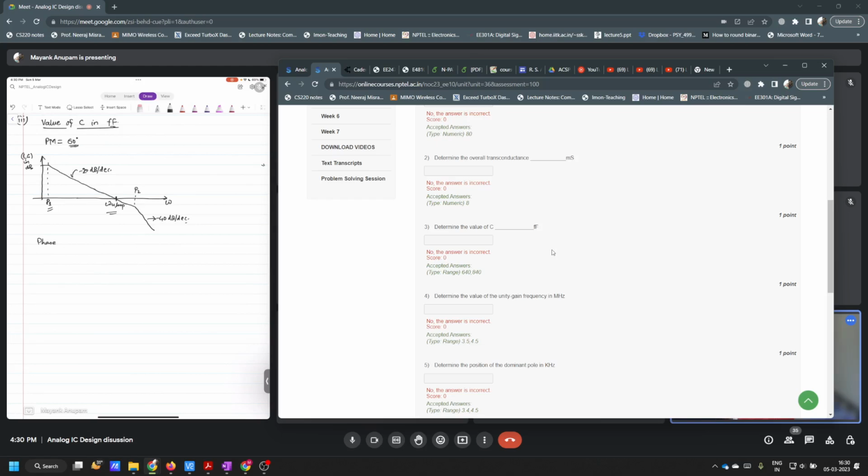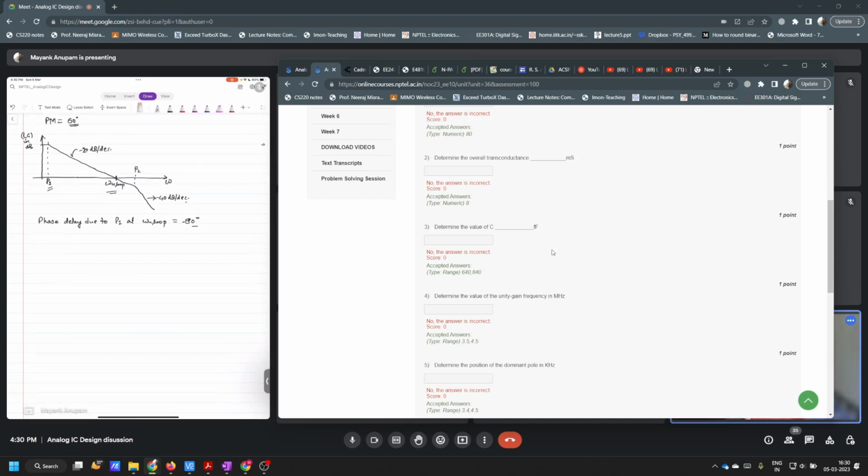First, the phase delay due to P1 at omega u loop is equal to minus 90 degrees. Since we are writing in terms of delay, let's call it 90 degrees, not minus 90 degrees.